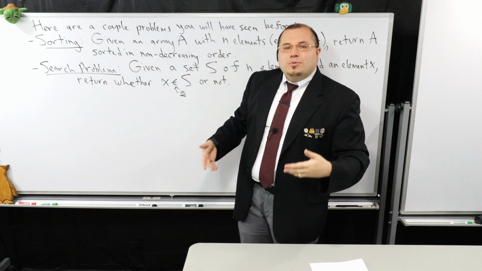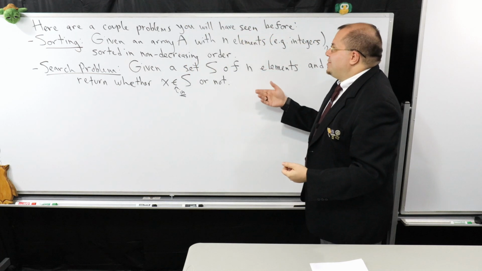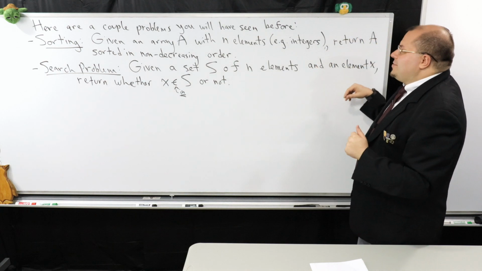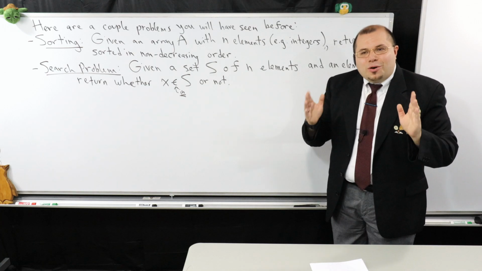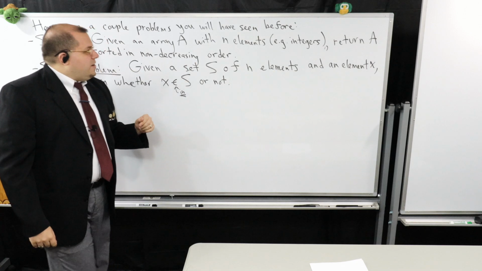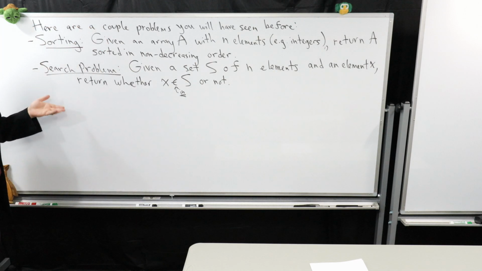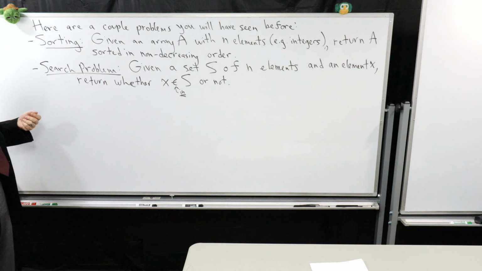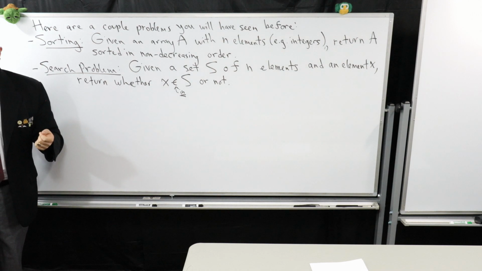So I thought I would give a couple of examples just to make sure that we have an idea of what I mean by a problem again. The big thing I want you to notice is the idea of input and output, at least in this definition. So I thought I would draw on a couple of examples you've probably seen before. If you've never seen these before, you'll see them right now.